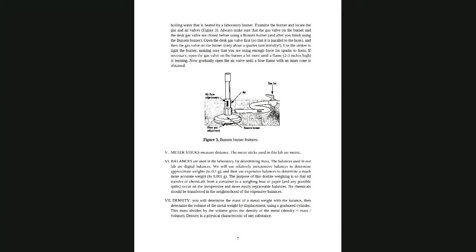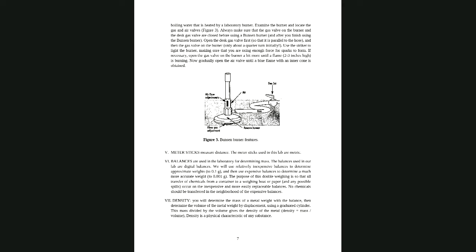At the same time, it's going to produce carbon monoxide, and that is not good for the lab, because you're going to inhale carbon monoxide, you're going to have smoke in the lab, and the temperature is not going to be the highest. When you adjust properly, you would see 2 or 3 blue cones with different shades of blue, and the top of the inner cone is going to be the hottest part of the flame. If the gas is on today, I'm going to turn on the Bunsen burner for you to see it.